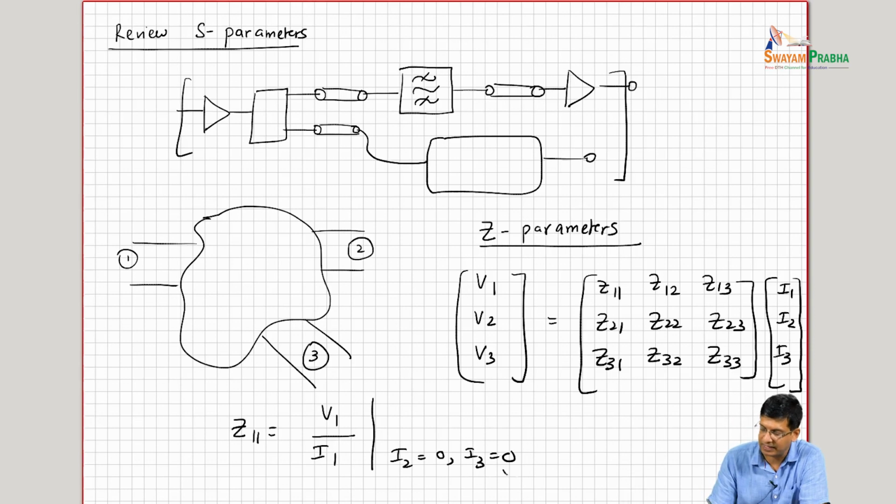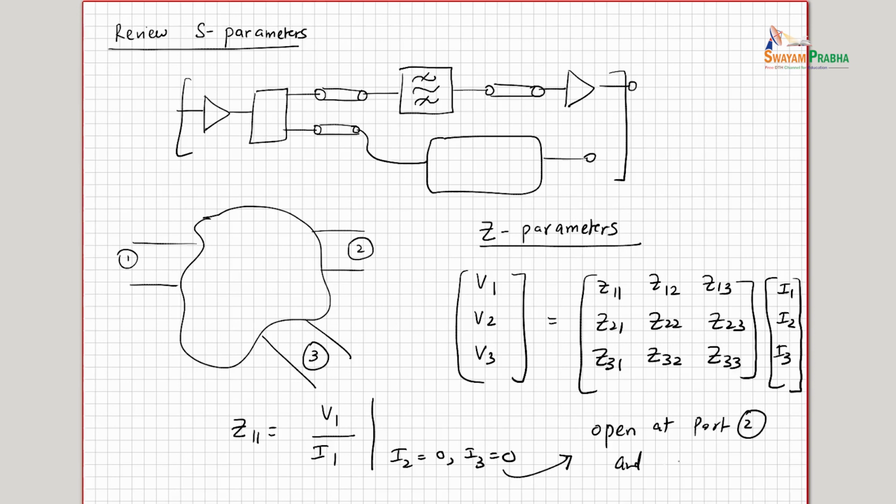But this basically is assuming effectively that I'm able to create an open at port 2 and port 3. That would be the measurement, that I'm able to apply some test voltage here, and I leave these two ports open, and I'm able to measure the current going in.